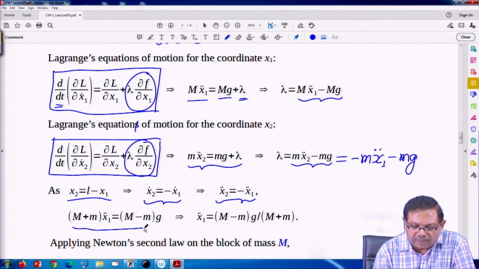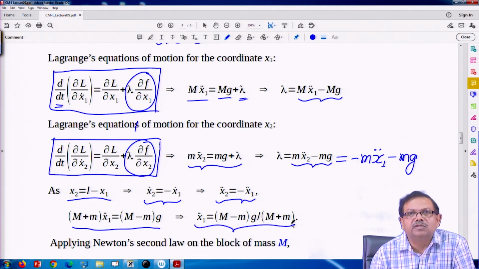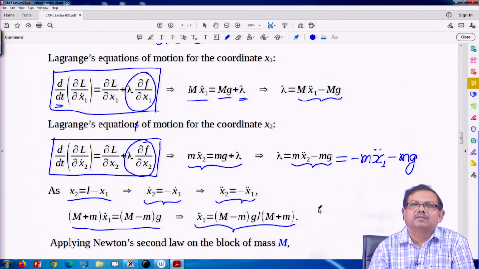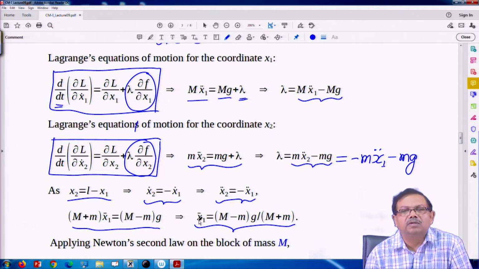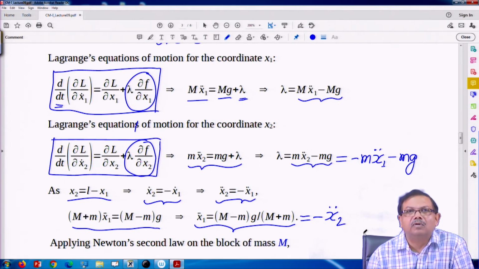So, we get capital M plus small m times x 1 double dot equal to capital M minus small m times g, and we can write down an expression for x 1 double dot. This is the equation of motion, and x 2 is not independent of x 1. Once x 1 double dot is known, that is also equal to minus x 2 double dot. So, we have already got the equations of motion.